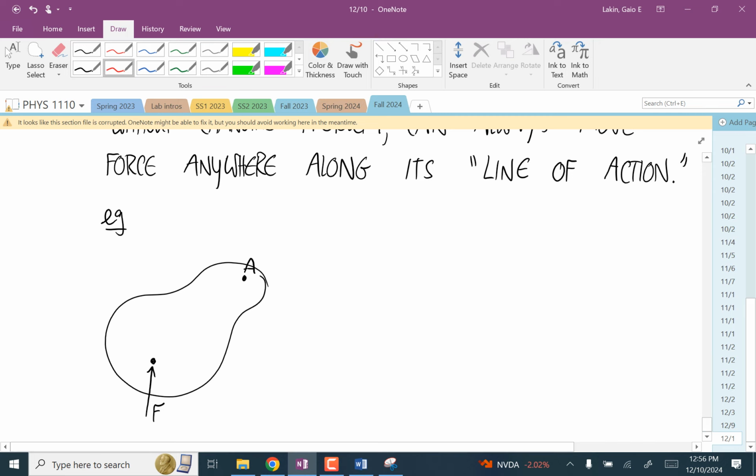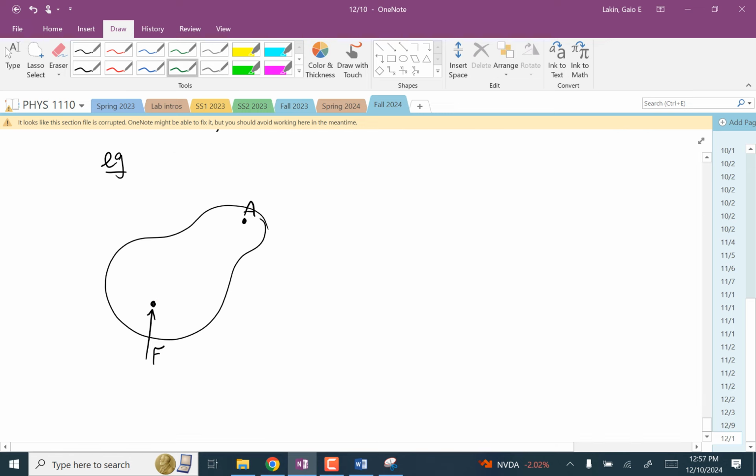To start with, that red line is not perpendicular to the force. So I'm going to draw the line of action of this force. That's the line that this force lives in, so it goes on forever. Anyone have any questions about that line of action?